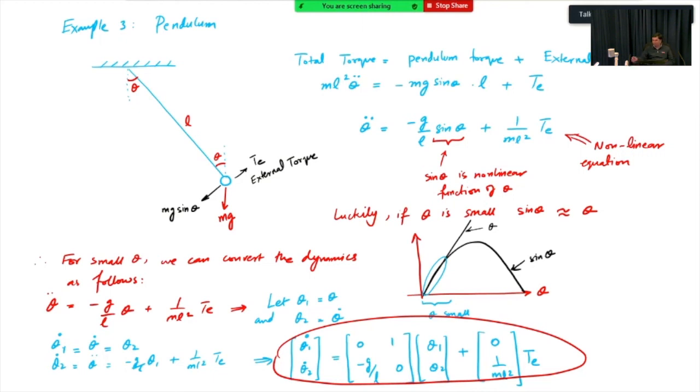So linearizing the system around 0 is mostly the case, and these tools will come in handy. So no matter how nonlinear a system is, if you do feedback control, you will always need linearizing around 0, and hopefully the whole theory of linear systems can be leveraged to design controllers for any type of systems.